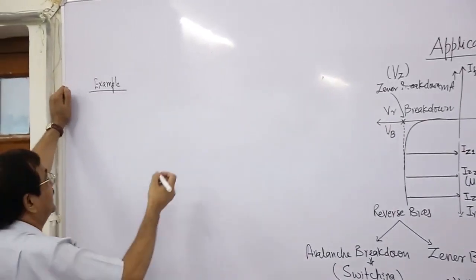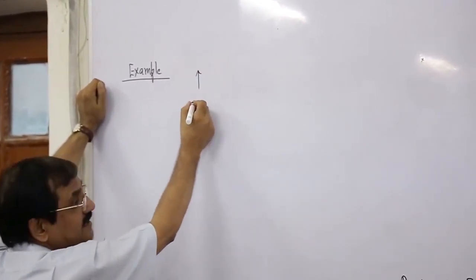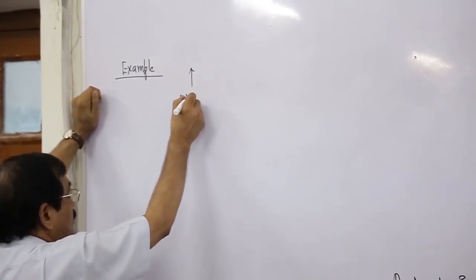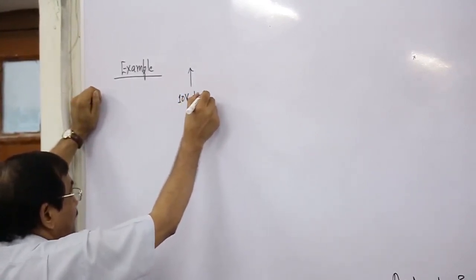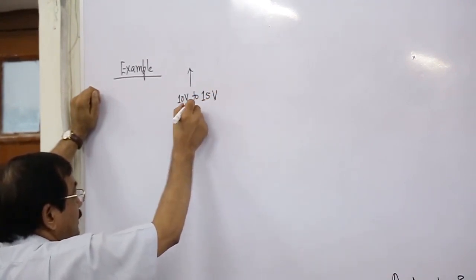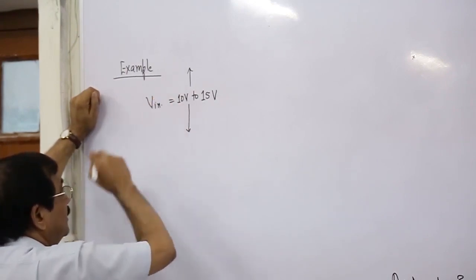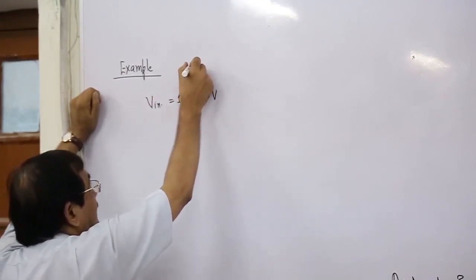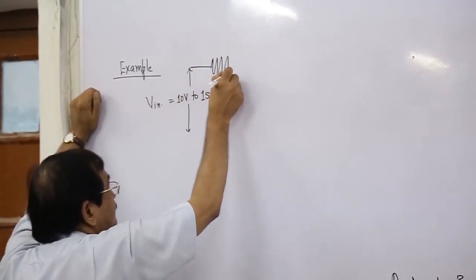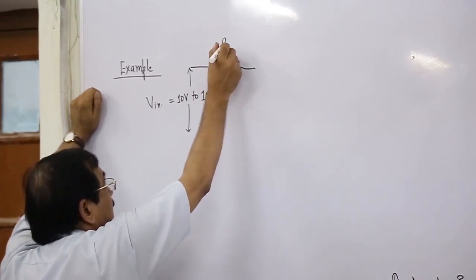Suppose in the given circuit, there is a change of voltage, say 10 volt to 15 volt, that is V input, and the resistance here is Rs.